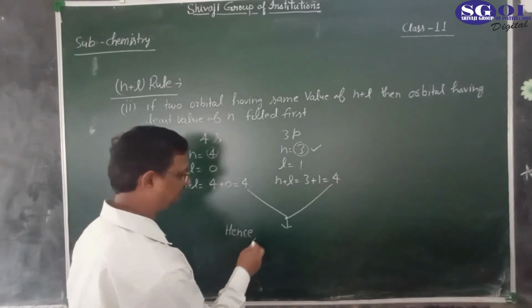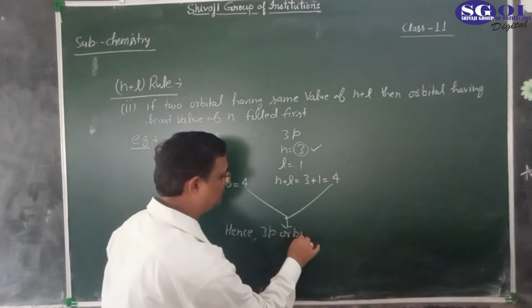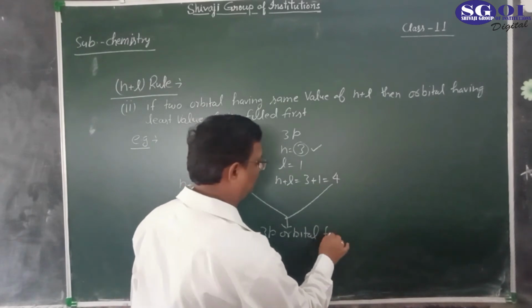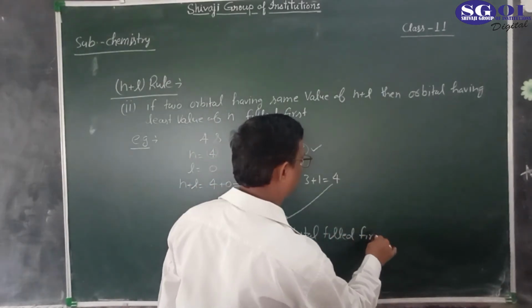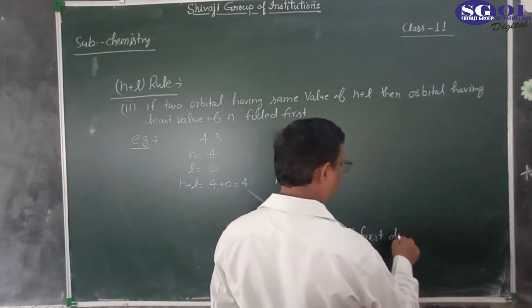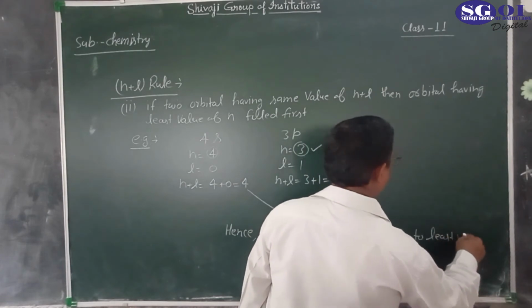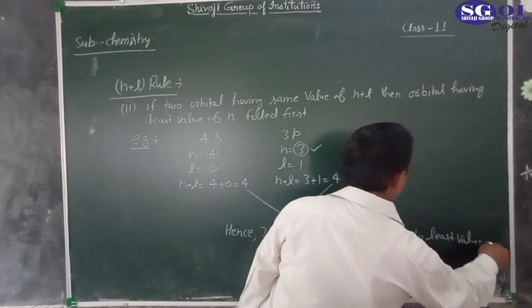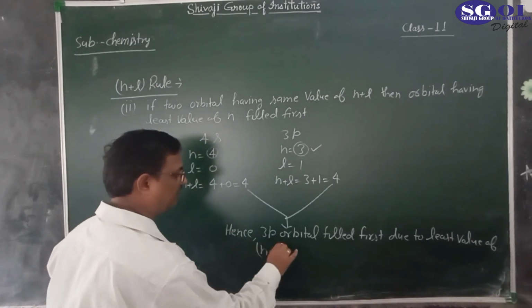Hence the 3p orbital is filled first due to the least value of n.